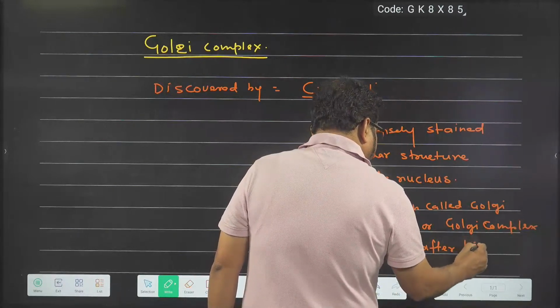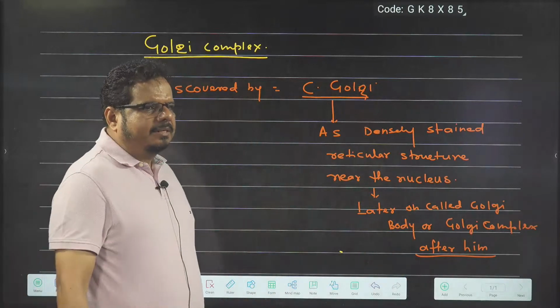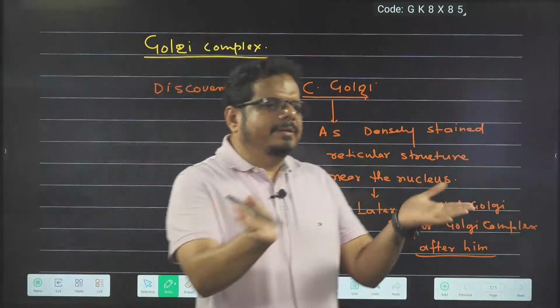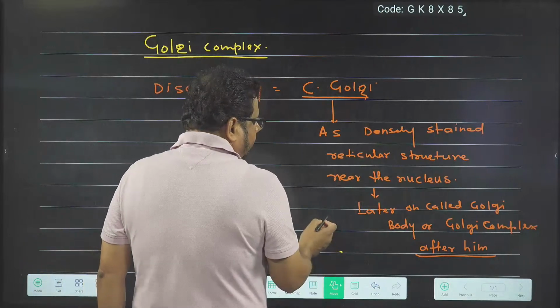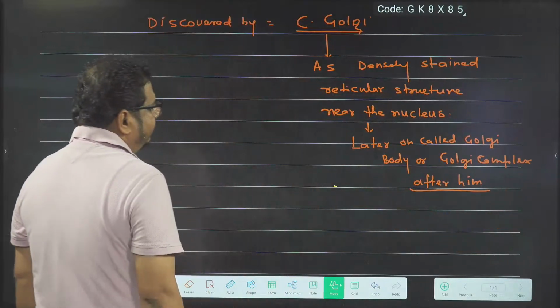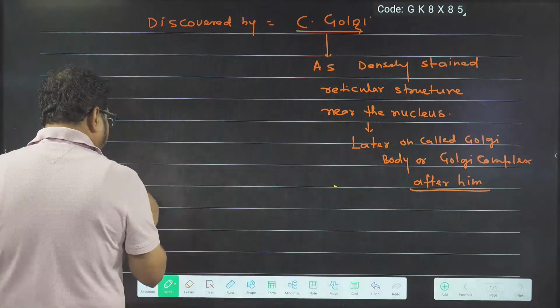Because it was discovered by Golgi, na? So in honor of its discoverer, we gave the name Golgi complex. Got the idea? And that is the reason your textbook wrote, it is later on called Golgi complex after him.